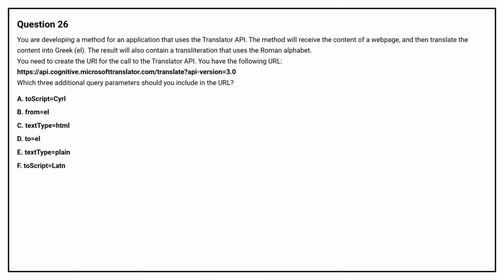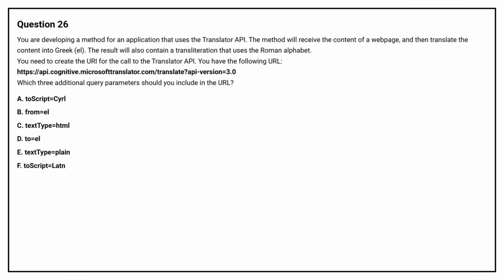Question number 26. You are developing a method for an application that uses the Translator API. The method will receive the content of a web page and then translate the content into Greek, EL. The result will also contain a transliteration that uses the Roman alphabet.